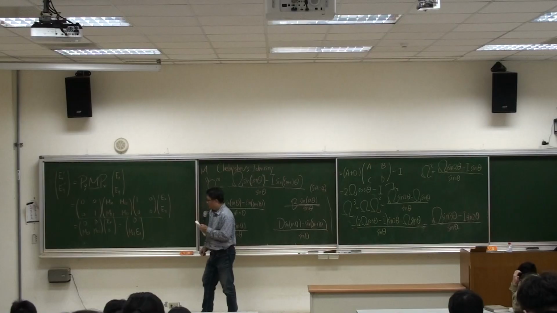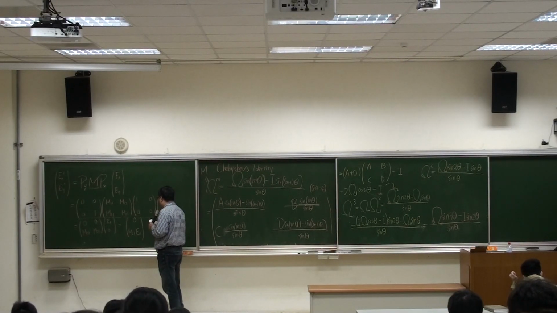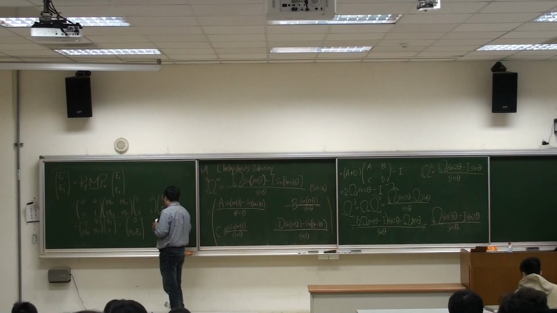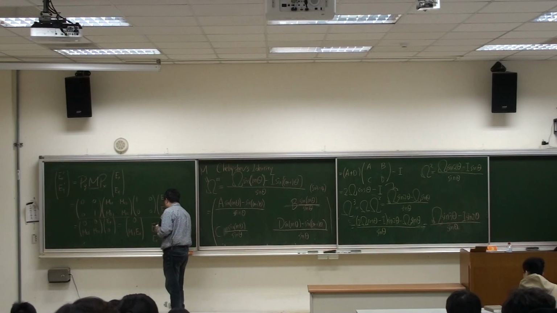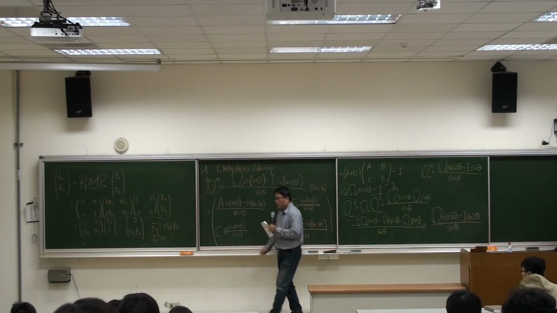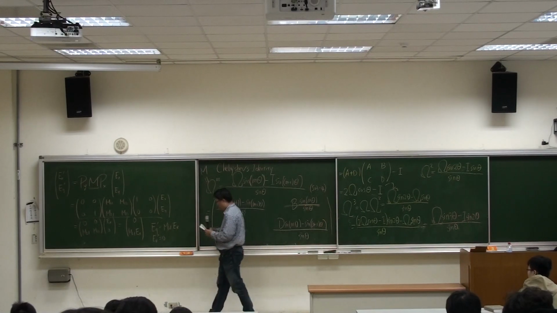Okay. So this means that finally we have EY prime equal to M21 times EX, and EX prime is equal to 0. Okay. So what is the transmission?